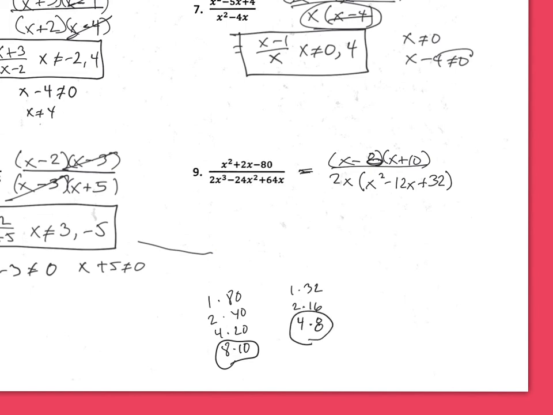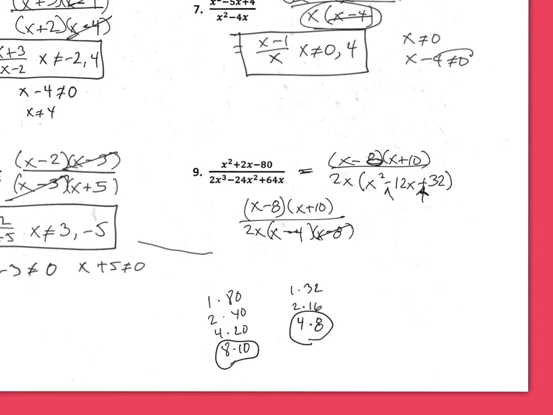Because 4 plus 8 is 12. So now we're going to have x minus 8 times x minus 4. The bottom, the 2x is still there. It doesn't go anywhere. They're both going to be minus, because when we add, the last is a plus, and both signs match the first one.